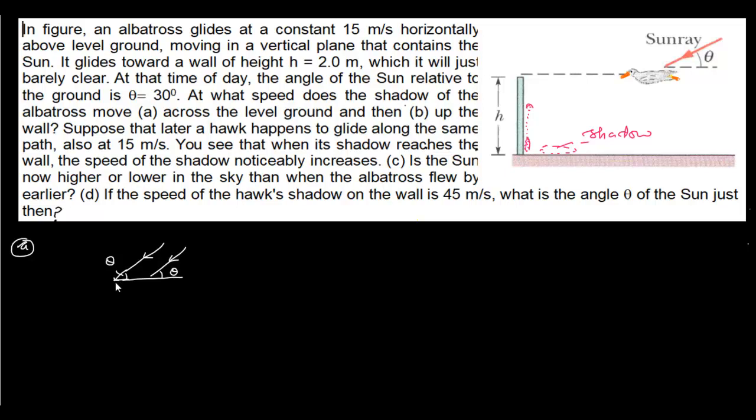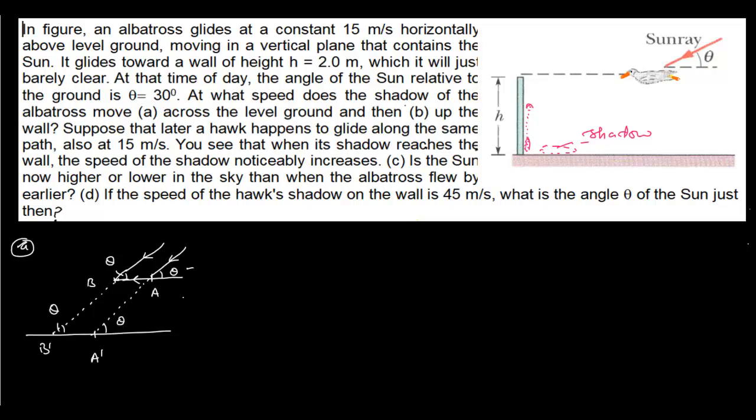Let the bird move from point A to B with a constant speed of 15 meters per second. This is the ground, and let this be point B dash. From this geometry you can clearly see that A dash B dash will be equal to AB, as the sun rays are coming parallel.